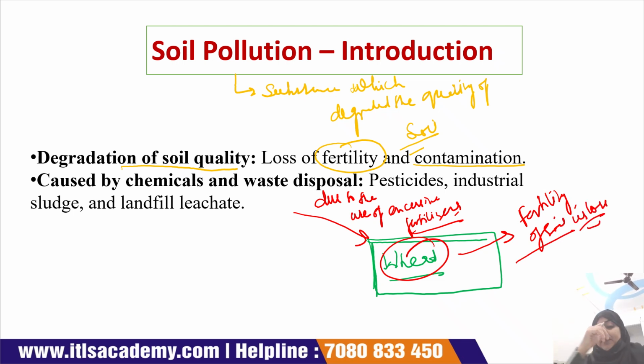Now the soil has no ability to grow the particular product, that is wheat. That is known as the degradation of the soil quality. It can be caused by chemical and waste disposal like pesticide, industrial sludge and landfill leakage.